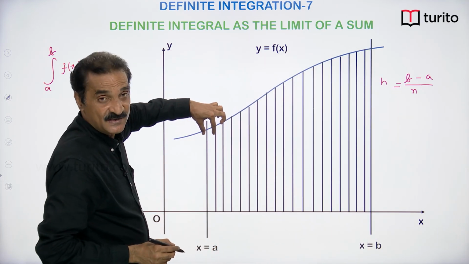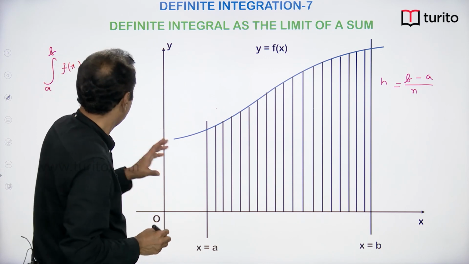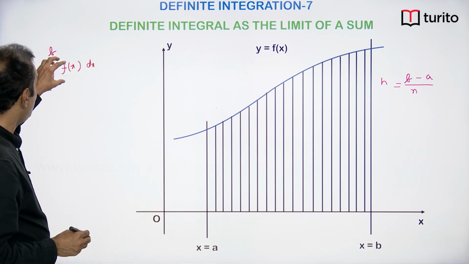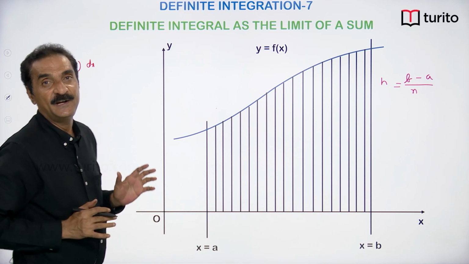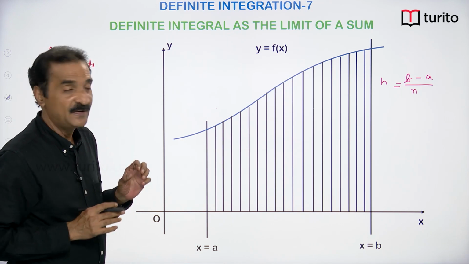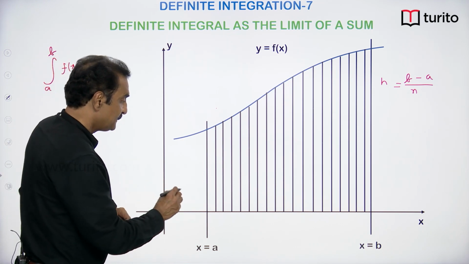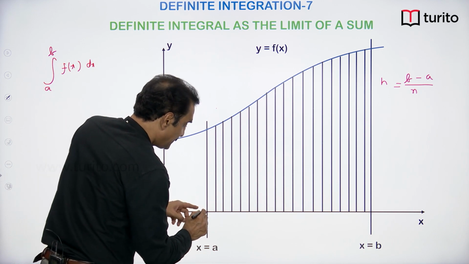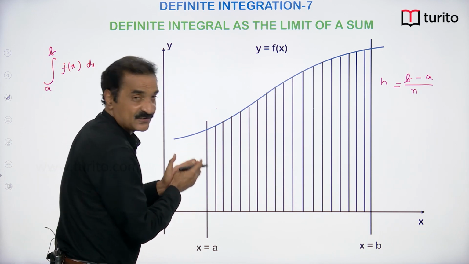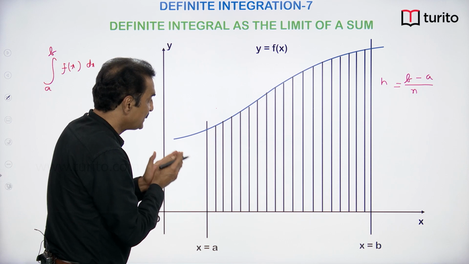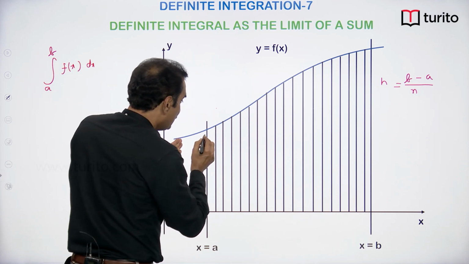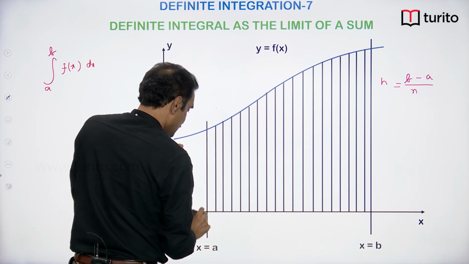So this difference is h. Now in this integration, what we are finding, you can understand very easily. First, take this first strip. I want this area. If I want this area, what I will do is, I will take the first height.